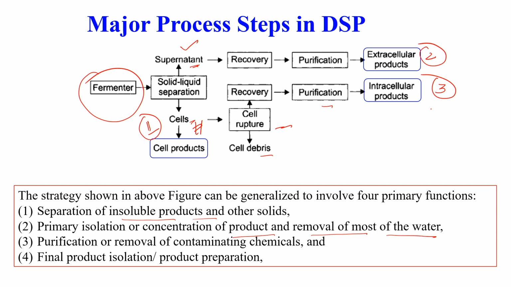It means you are going to concentrate. Third is purification and removal of contaminating chemicals, and finally the last step is final product isolation and product preparation or formulation. So, in this way first you separate the solids, then you go for concentration, then you go for purification, then finally we will go for formulation.